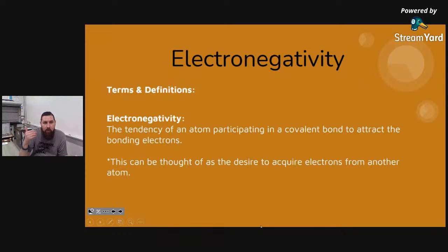This goes into what type of covalent bond is formed. Is it purely covalent, where they both have the same electronegativity and an equal pull, or does one have a larger electronegativity and pull the electrons over towards it, and you get what's called a polar bond? So electronegativity has implications when you get to types of bonds.